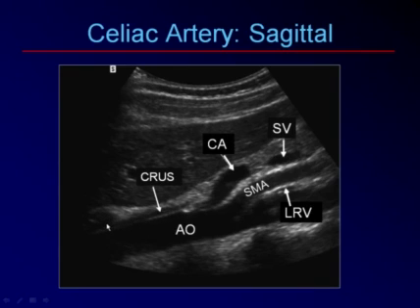That's the crus of the diaphragm, a slip of the diaphragmatic muscle, which stops approximately at the takeoff of the celiac artery. And then comes the superior mesenteric artery. This patient shows the collapsed left renal vein passing between the superior mesenteric artery and aorta. This celiac artery points to the body of the gland, behind which is the splenic vein.